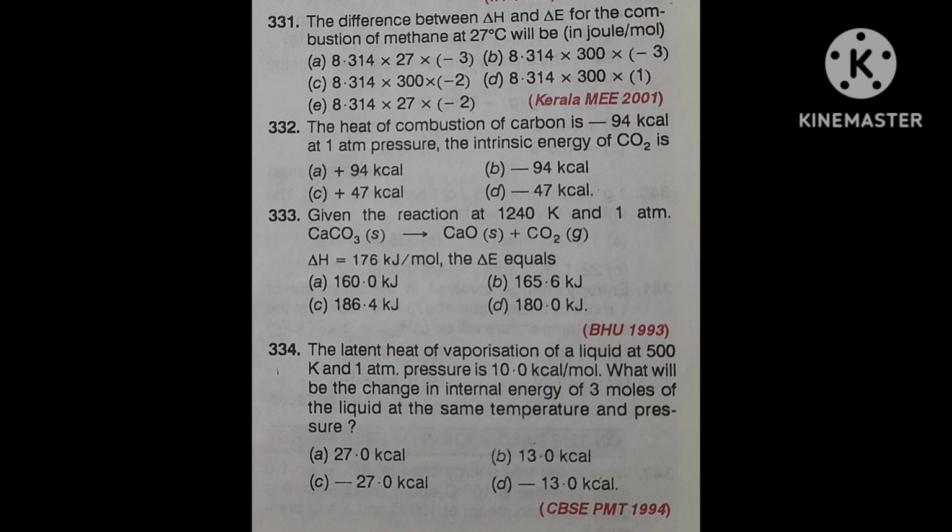Options: plus 94, minus 94, plus 47, minus 47 kilocalorie. You just have to think, it will take hardly 15 seconds to solve it. Just think, at least think. After that I will tell the correct answer and how you will solve it.